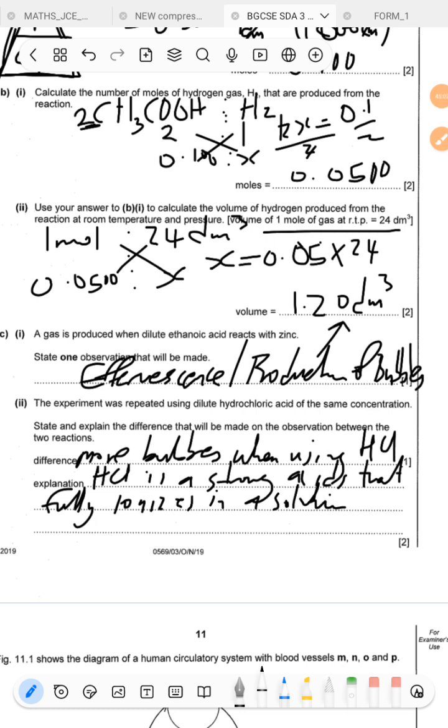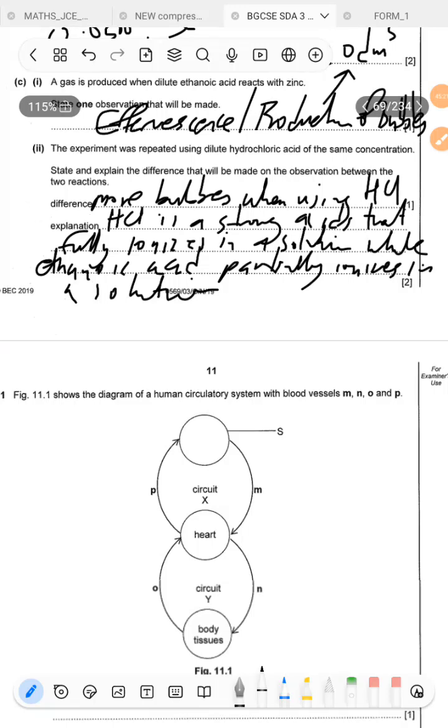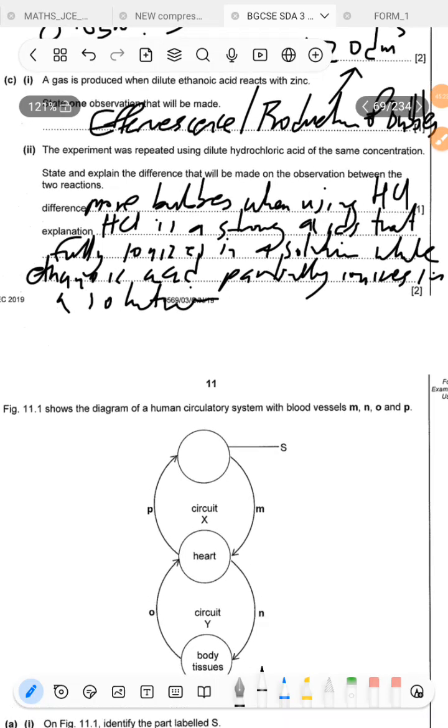While ethanoic acid partially ionizes in a solution. Now, one might wonder, what exactly are we talking about? It simply means that whenever you make a solution of HCl, you'll have all of this hydrogen ionize to form hydrogen ions.